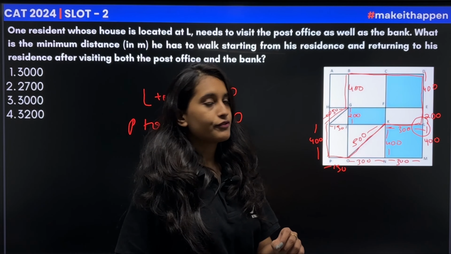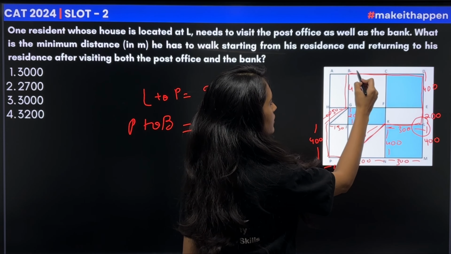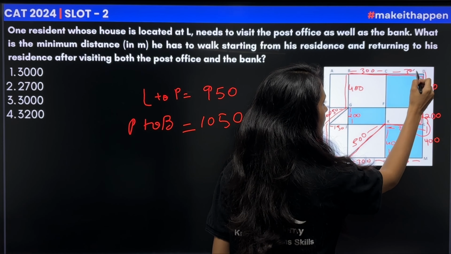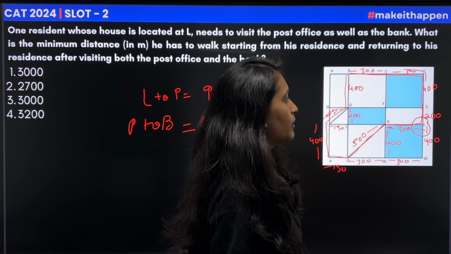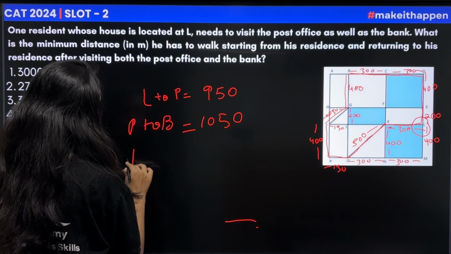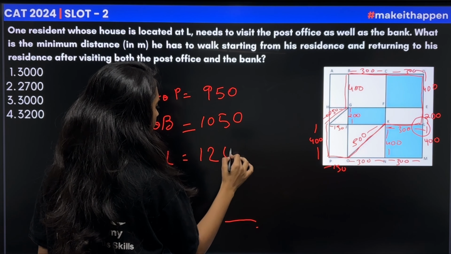Now from bank back to L, this is 300, this is 300, 600, 600 plus 400, 1000, 1000 plus 200, 1200. From B to L, 1200.